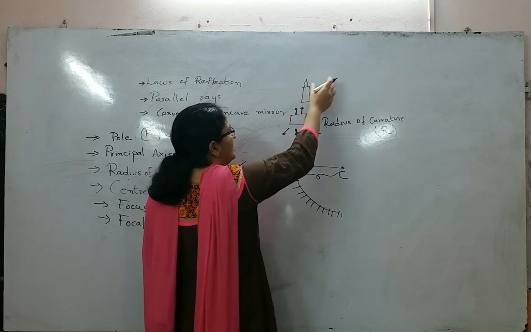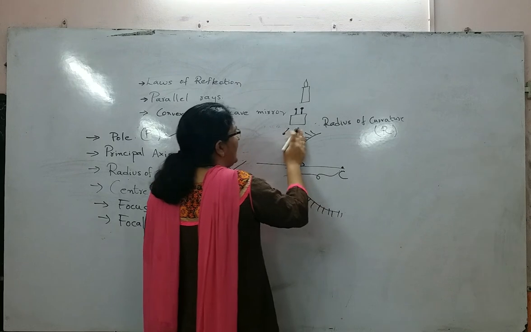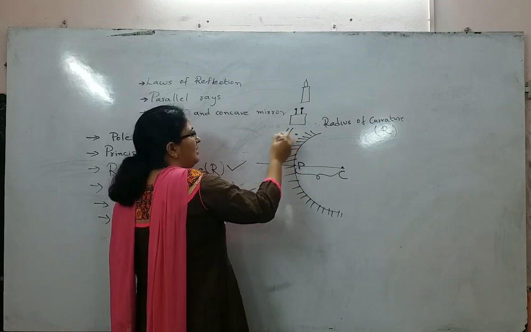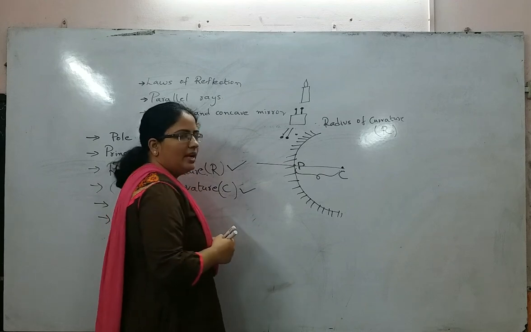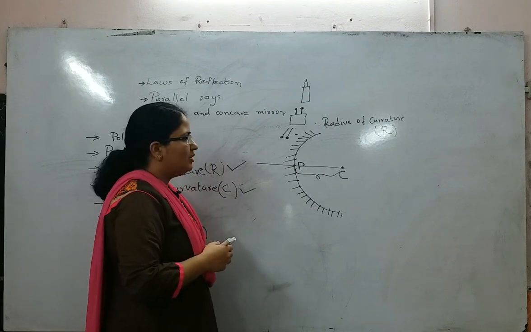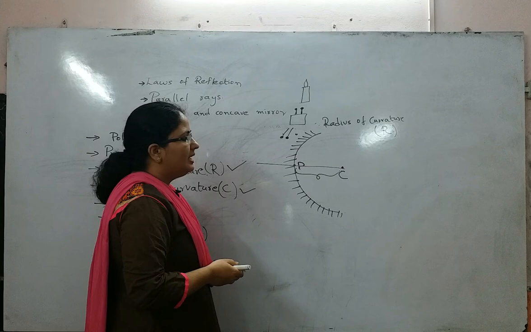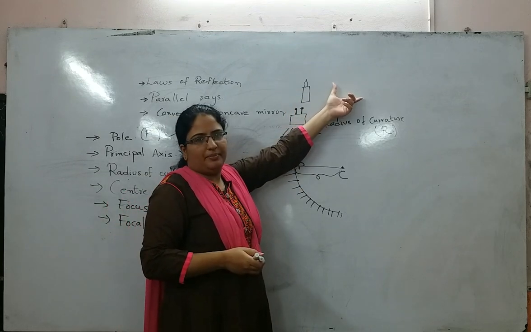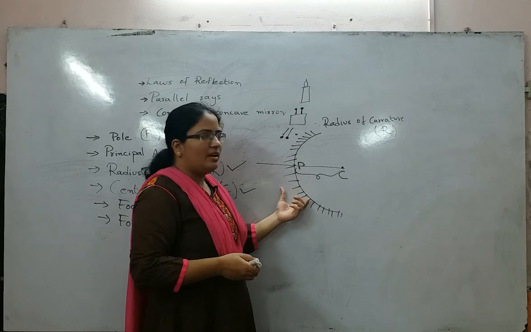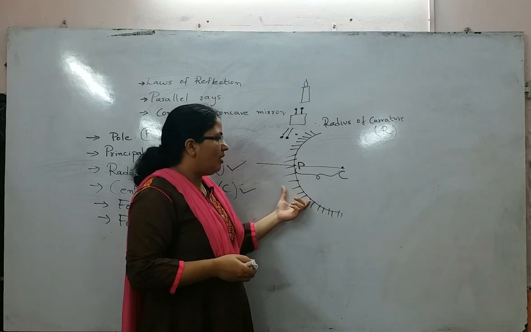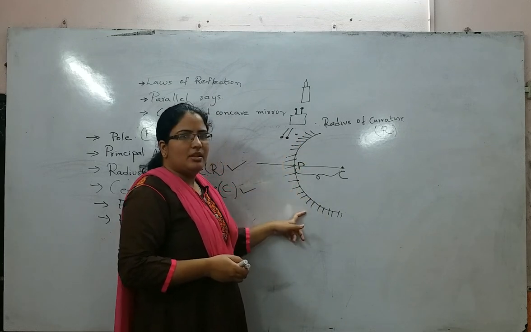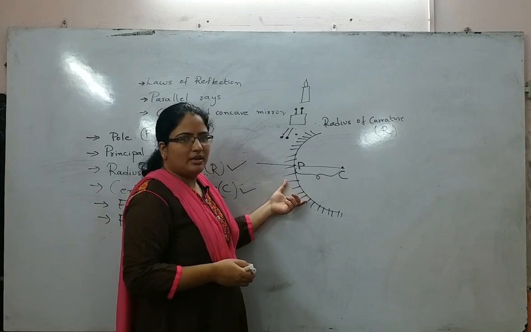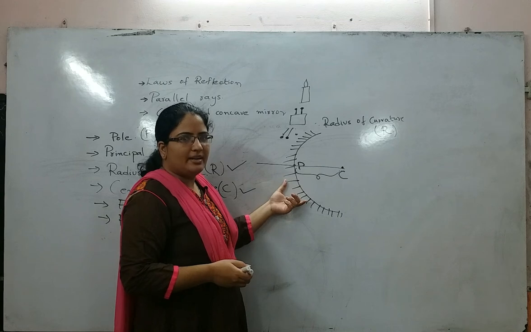But as you take the candle away, you will get parallel rays. So, to create parallel rays, you need to keep the light source far away. Now, you want parallel rays to fall on this concave mirror. So, I can take this concave mirror under the sun to get parallel rays.